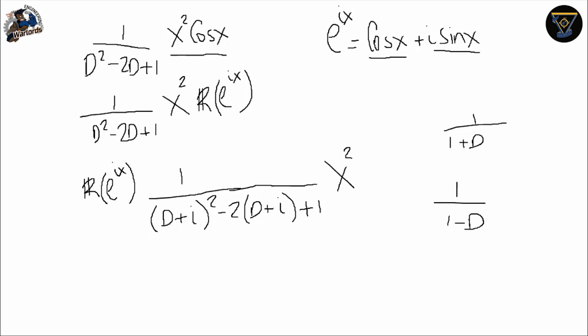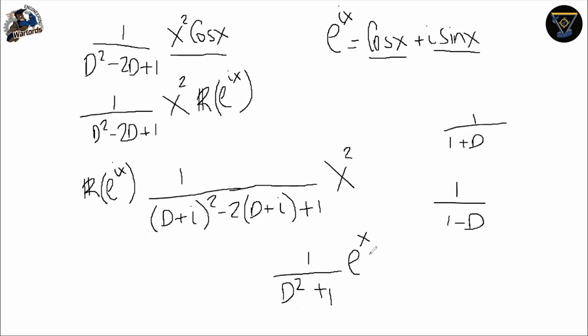Somebody asked me which rule that was. It's a rule where, if you have 1 over anything, you will have a d form, let's say d squared plus 1. If you have e raised to the x, you do a direct substitution: anywhere you see d, you put a 1.